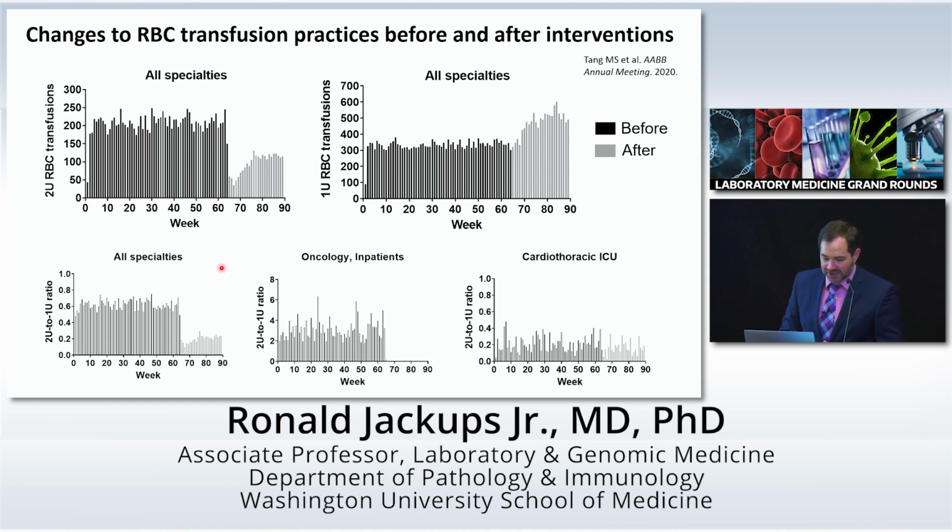If you split it out by specialties, you could see that, not surprisingly, the cardiac ICU didn't change their practice very much. They do a lot of high volume transfusions for patients with severe bleeding. I'm not really concerned about that. What I was really impressed by was how oncology went basically to 0.